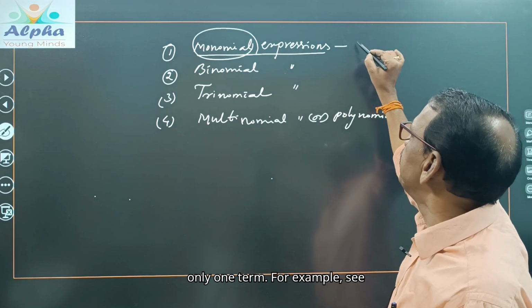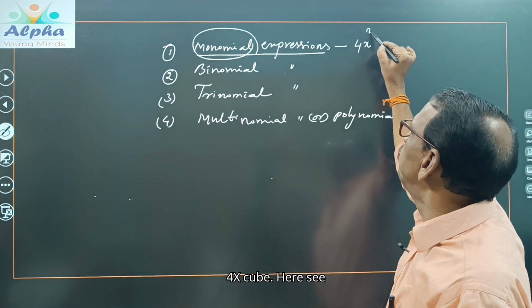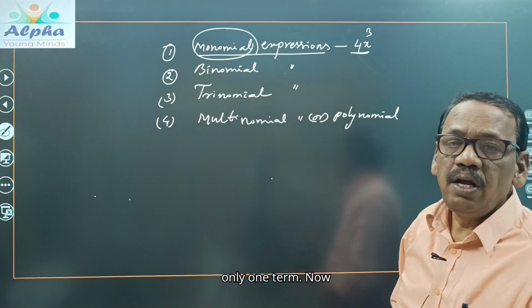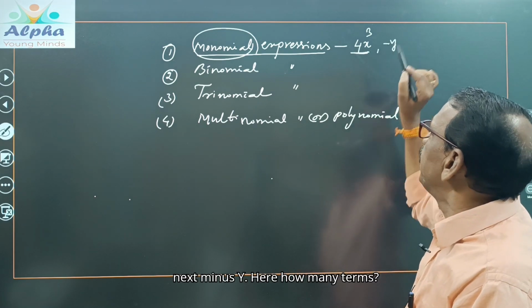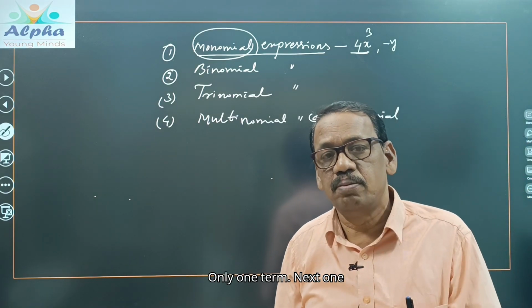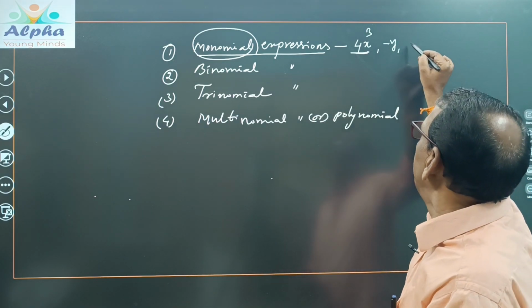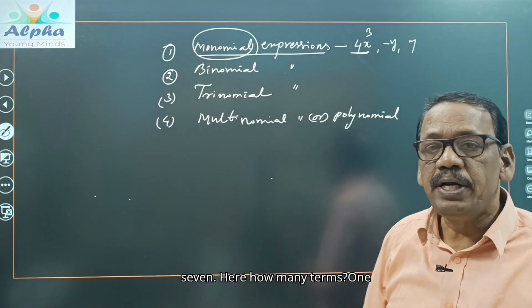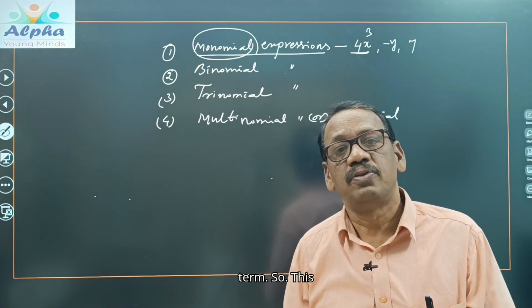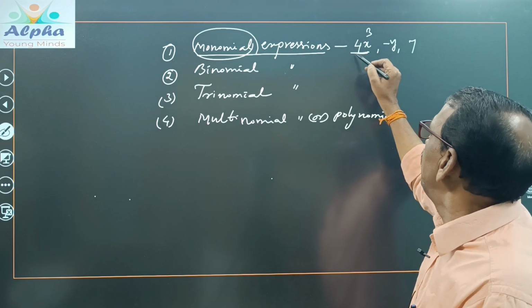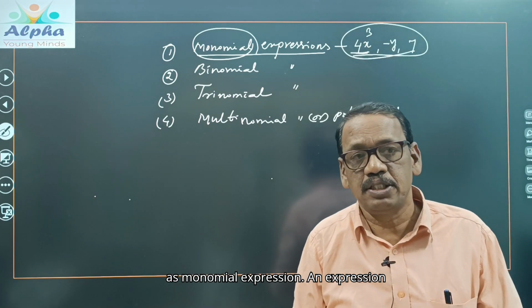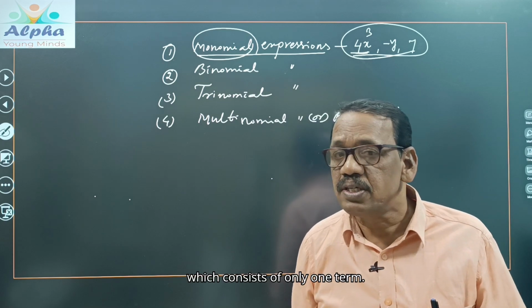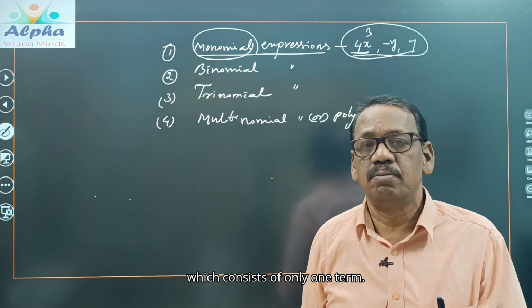Next, minus y. Here how many terms? Only one term. Next one, 7. One term. So all these types are known as monomial expressions. An expression which consists of only one term.